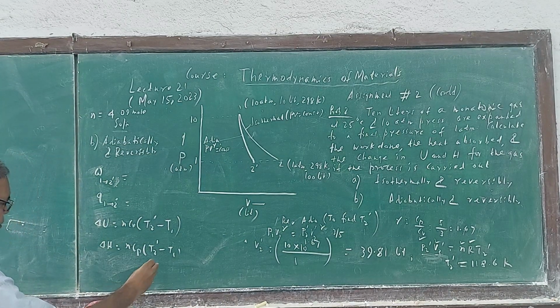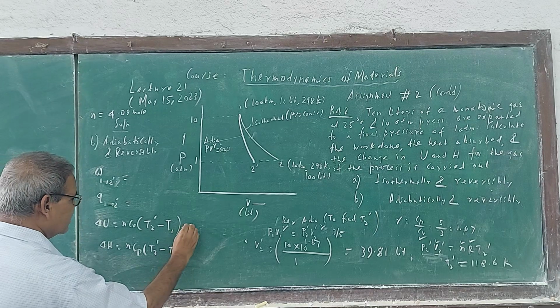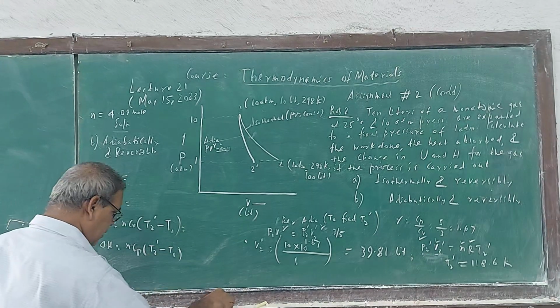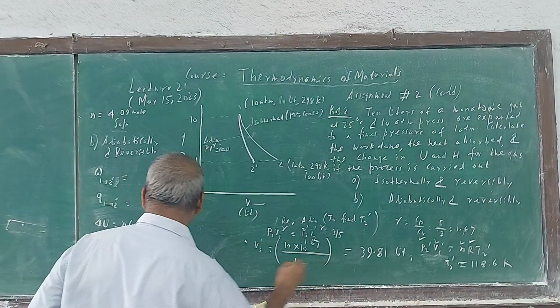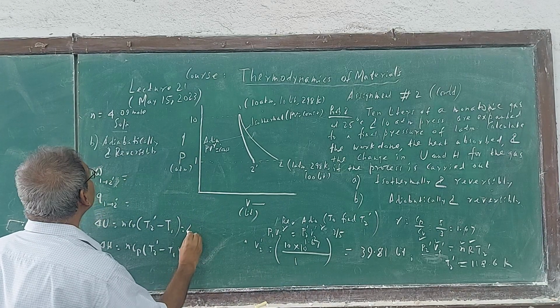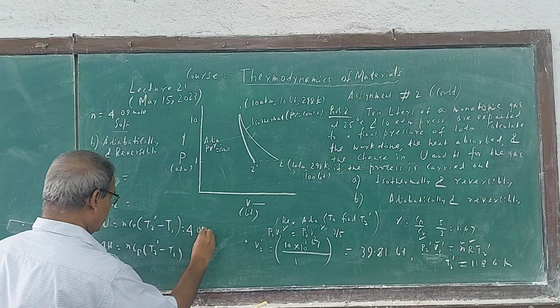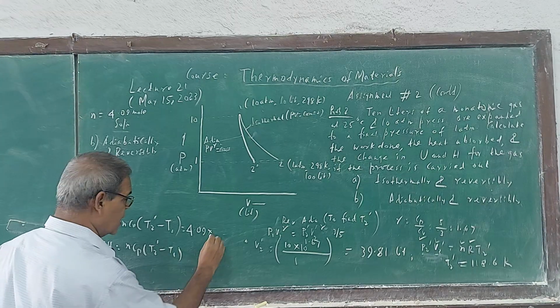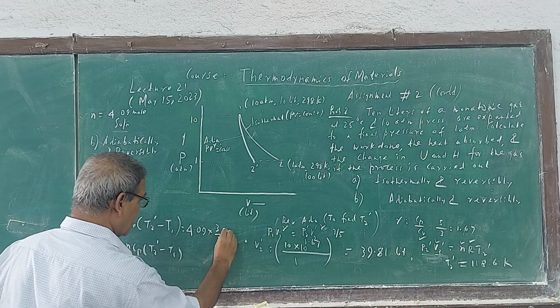So now substitute. No waste. n is again 1, I am showing 1, you do the others. Cv is 3 by 2 R. R you know.